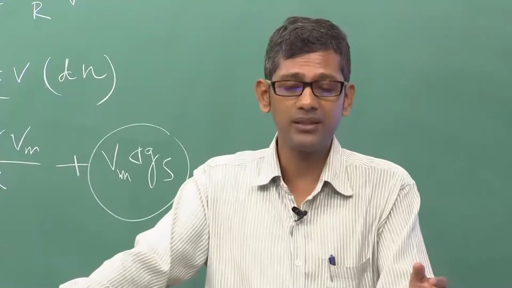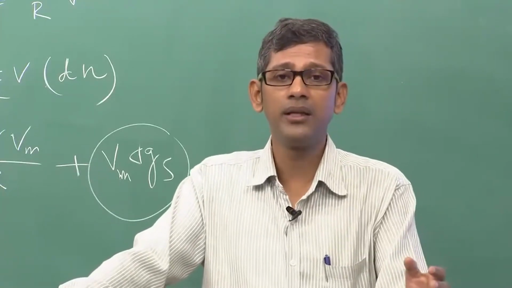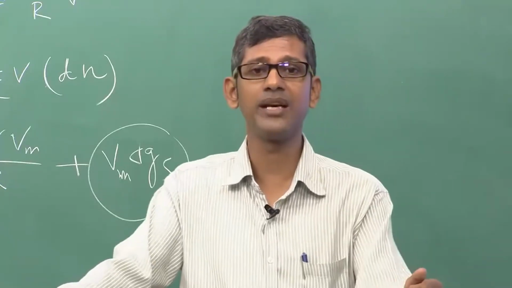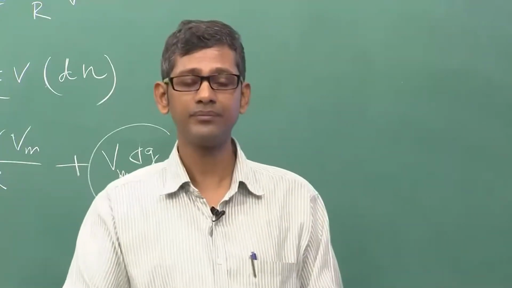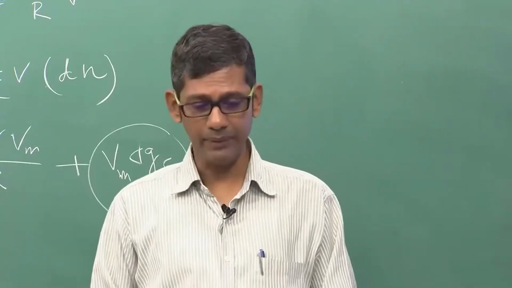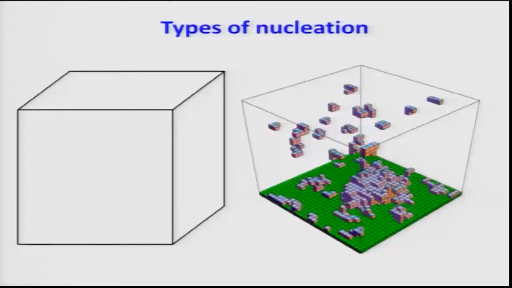So, our first discussion in the next lecture will be on homogeneous nucleation, to build a theory upon it, and then slowly we will move on to heterogeneous nucleation, because that is more complex. That is why it is better to start with homogeneous nucleation. To give you an idea, what is shown on the left side is a big cube, or a system, in which nucleation can happen anywhere.